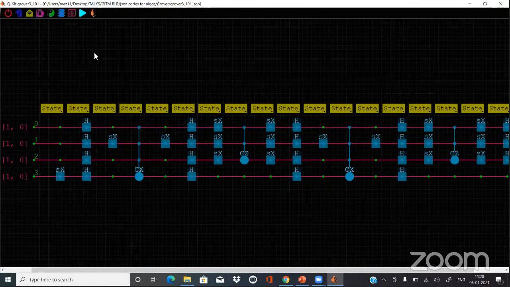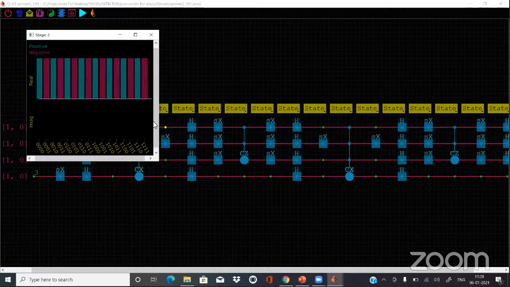So we have run it. Once you run, the state vectors come here. All the states are available with these 4 qubits, because the fourth is also considered here. Due to this 0, -1, alternate states have negative amplitude.